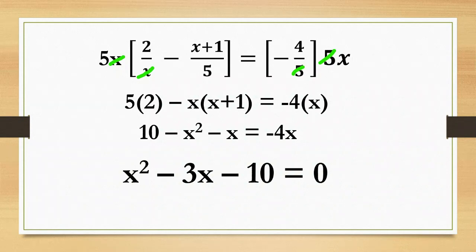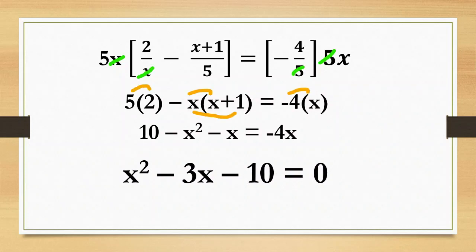So that's why it becomes 5 times 2, then minus 5x times x plus 1 divided by 5, so 5 becomes 1. So that's why it becomes negative x times the quantity of x plus 1 equals negative 4 times x. Why? Because we can eliminate 5 and 5, so it becomes 1, and so it becomes negative 4 times x.